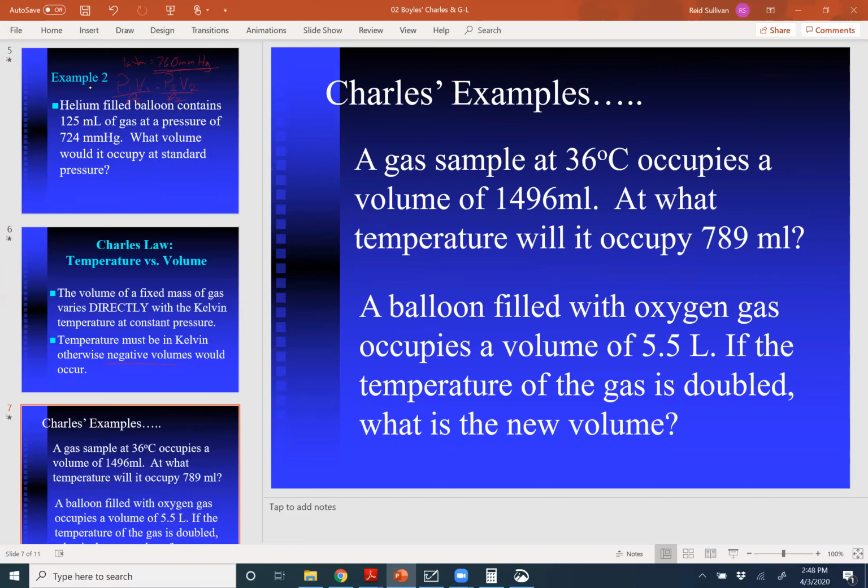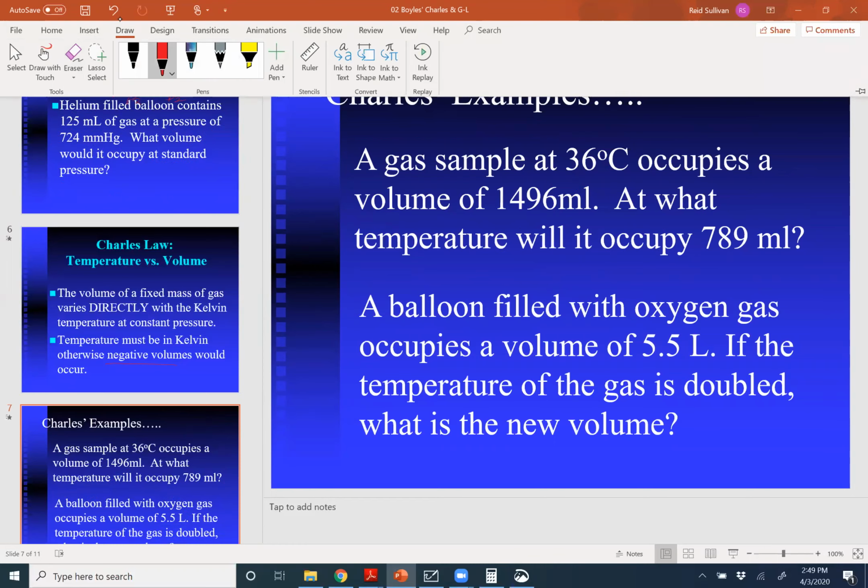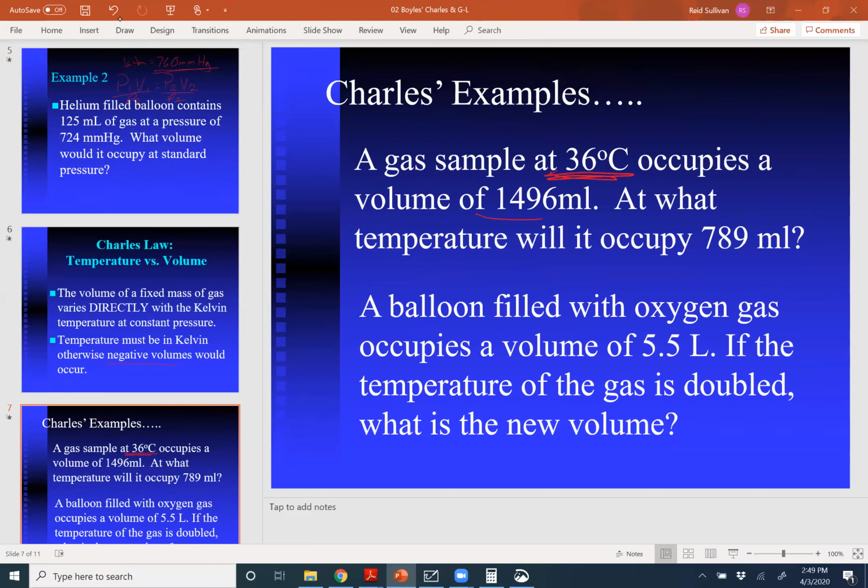And this is the number one mistake I see students make whenever they do these problems, is they forget to convert it into Kelvin. So we have a volume, and it says 36 degrees C. So we also have another volume. So we have a temperature 1, we have a volume 1, and we have a volume 2. It wants to know what is temperature 2.